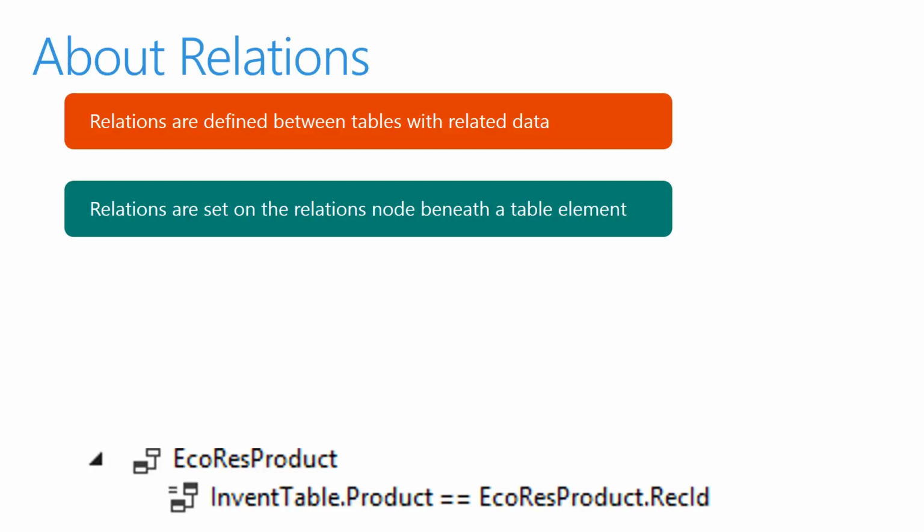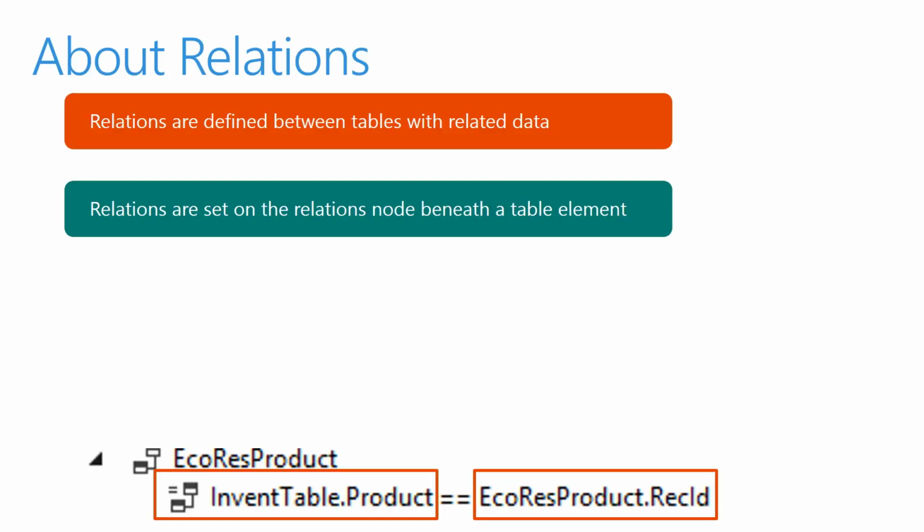You can see in this screenshot, we have details on an eco-res product relation, which relates the product field of the invent table to the rec ID field of the eco-res product table. Another example is a customer table, which has a customer account number and general details about the customer, such as their name, location, or credit limit.